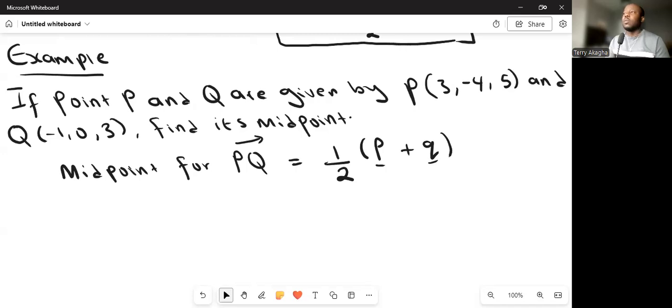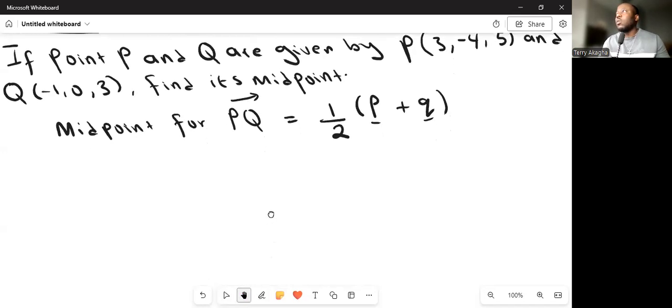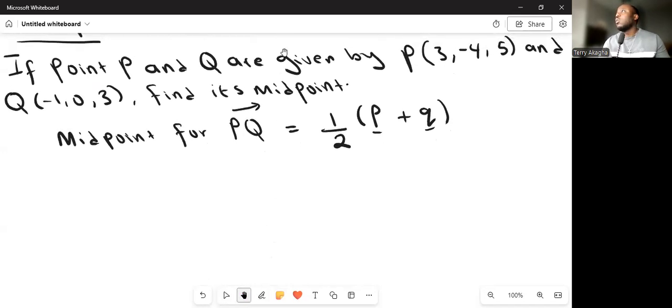All right? So we're going to solve this now. 1/2 (P plus Q). Okay, it's there. So this will be equal to 1/2 (P plus Q).